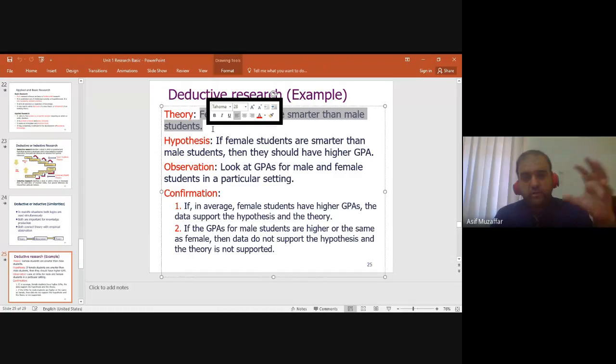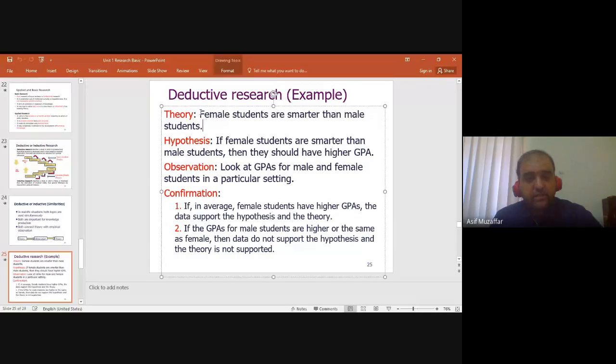It is not cause and effect or association. So I would say this is explanatory research because the theory is already there. Which explanatory research? Descriptive. It is describing that female students are smarter than male students.